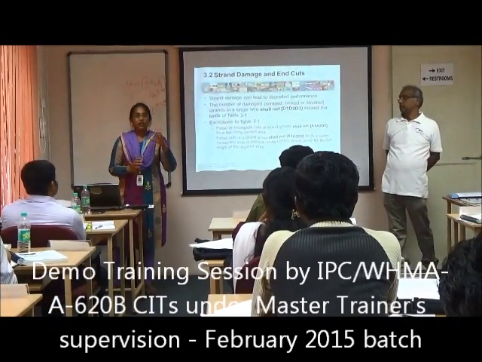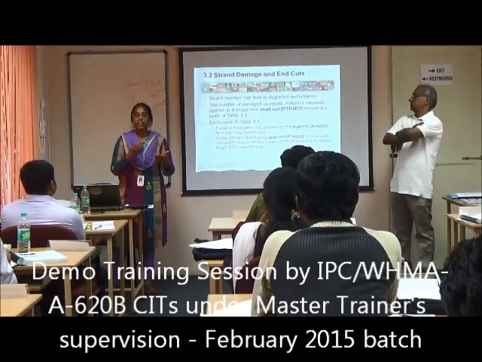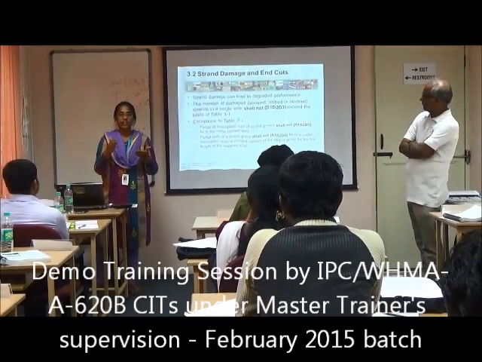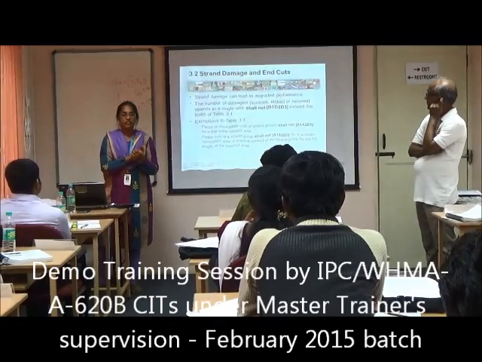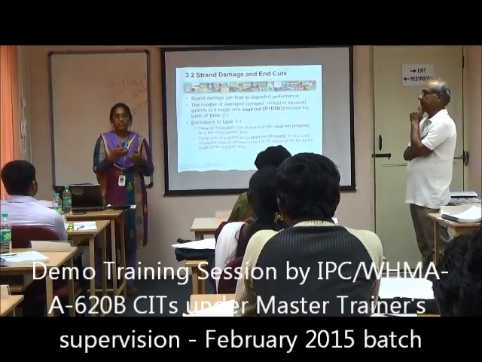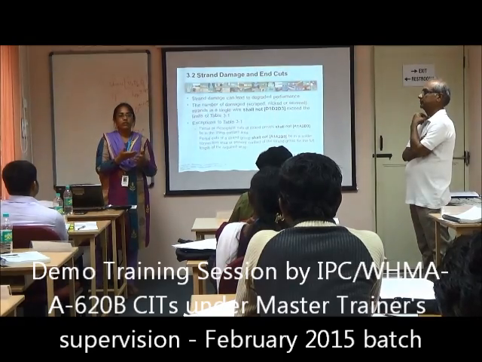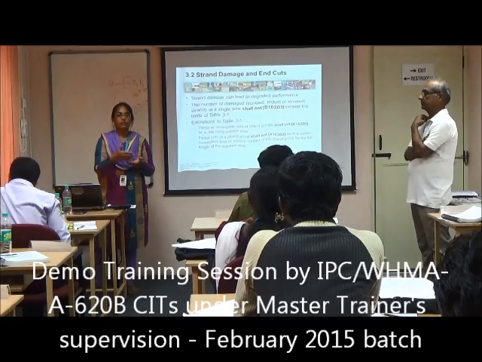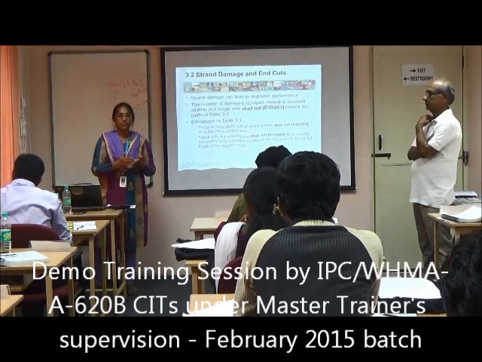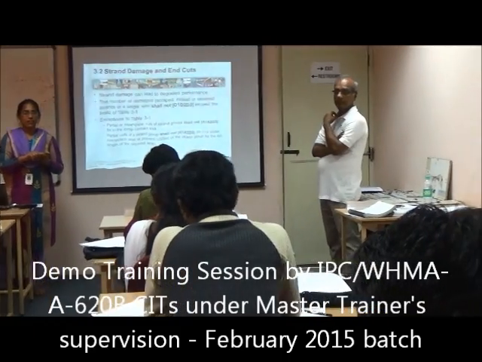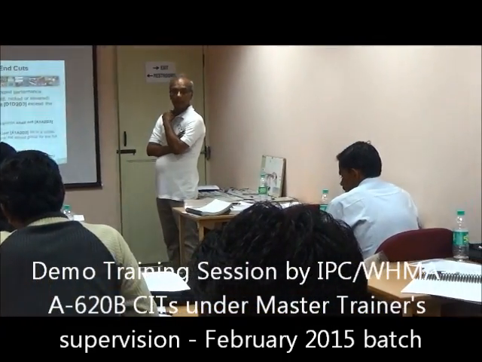Any conductor you take, the current carrying capacity of the cable is always directly proportional to the mill area. If there is any damage to the conductor or the strands, then it will lead to degraded electrical performance. Okay, people are able to follow? Want me to repeat?